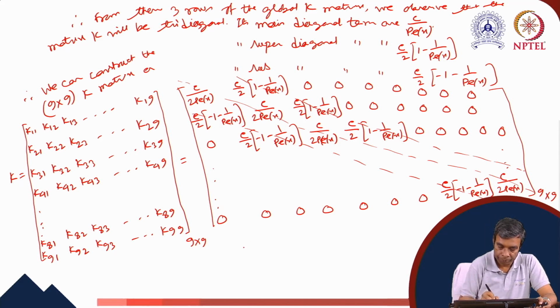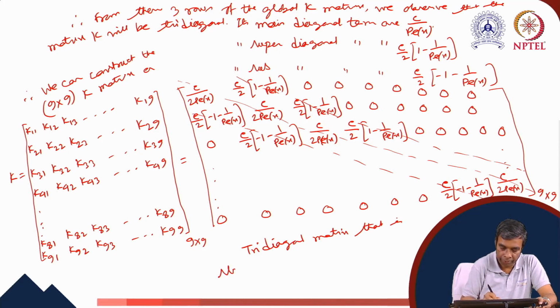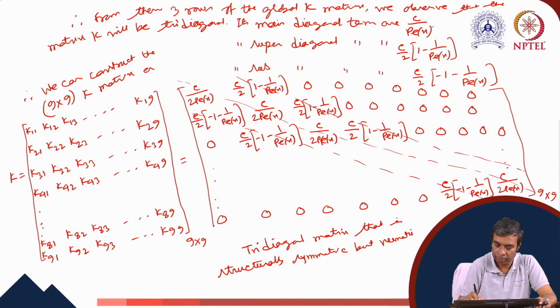So we have a tridiagonal matrix that is structurally symmetric but numerically asymmetric.